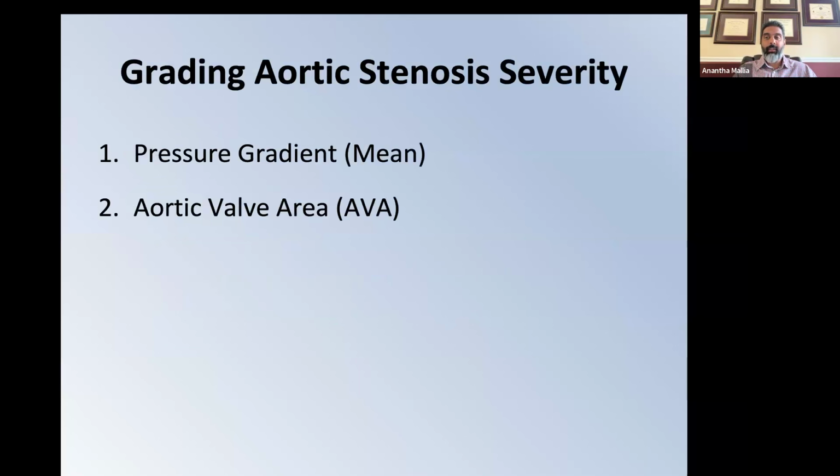So when we evaluate for aortic stenosis and try to get an idea of the severity of aortic stenosis, there's really two things that we can use to make that determination. One is the pressure gradient across the valve. So the higher the pressure gradient that you're experiencing across the valve, the tighter that valve is, the more stenotic that valve is going to be. And you can also look at the aortic valve area. So obviously, the smaller the aortic valve area, the worse the aortic stenosis is going to be.